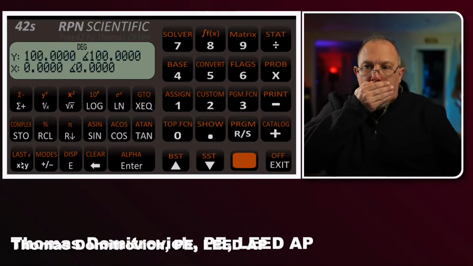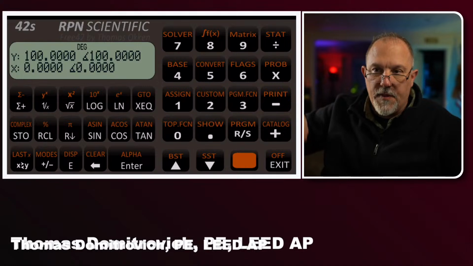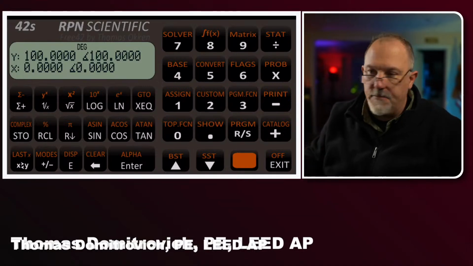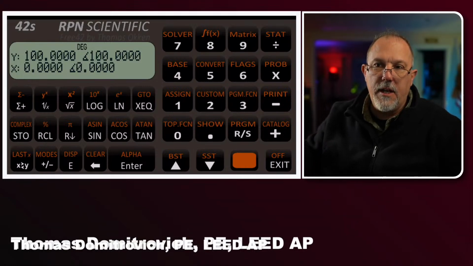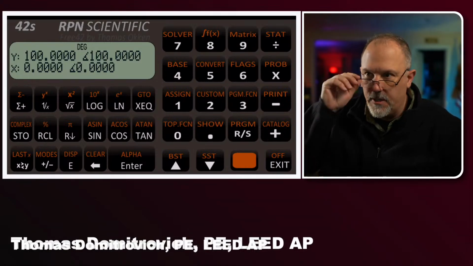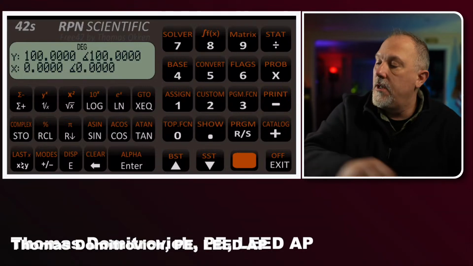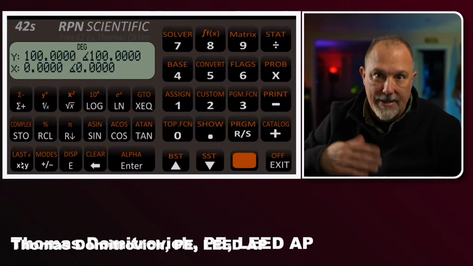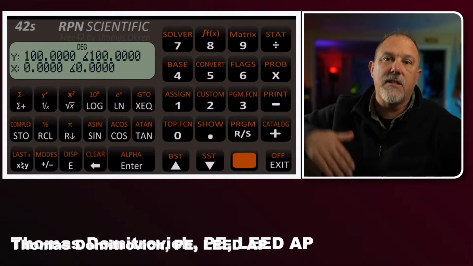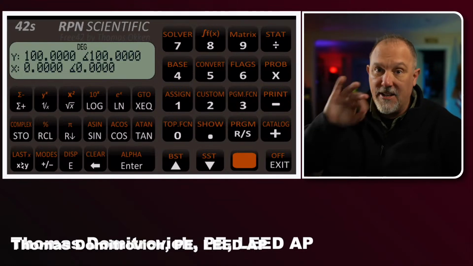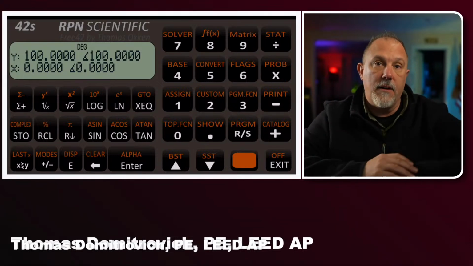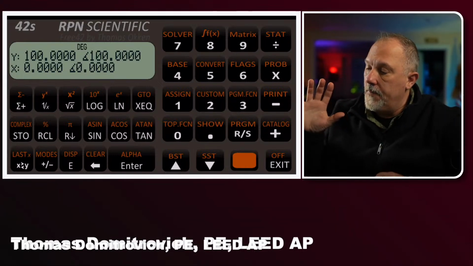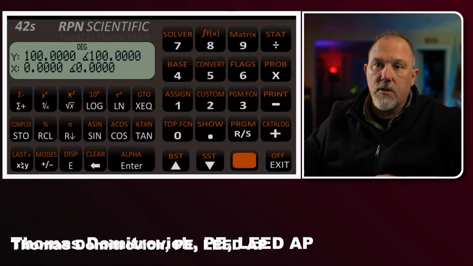So with this type of calculator, you can add things in polar coordinates. What I showed you was how to convert polar coordinates over to rectangular, and then you add your x's and add your y's, and then convert it back over to polar coordinates by using the complex variables. Okay, so you can do this on a calculator.